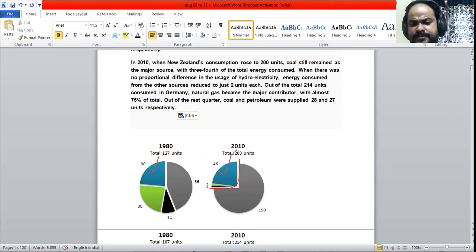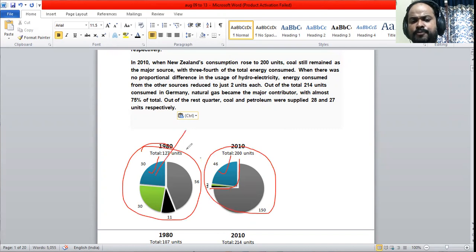It is exactly the same. Out of 100%, you can see this blue part and this blue part are exactly the same, so we don't have any confusion. Energy consumed from other sources reduced to just 2 units each.